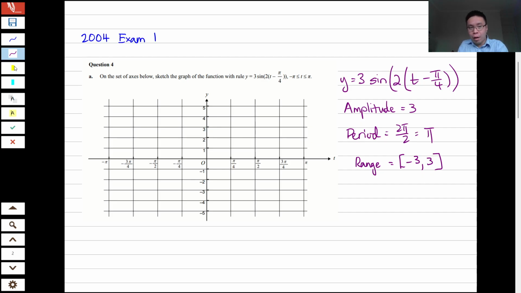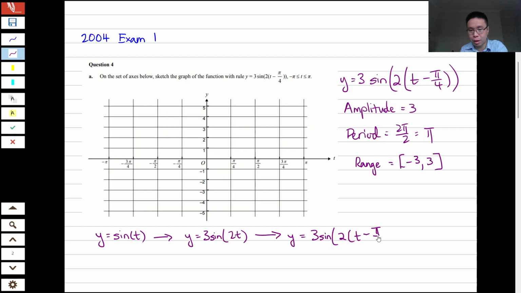Alright, so now I am noticing that there's a sequence of transformations that are applied to this graph. So I can think of it in sort of 2 stages. First, I start with sine of t, and then I do my dilations, and then I do my translation, replacing t with t minus pi on 4.